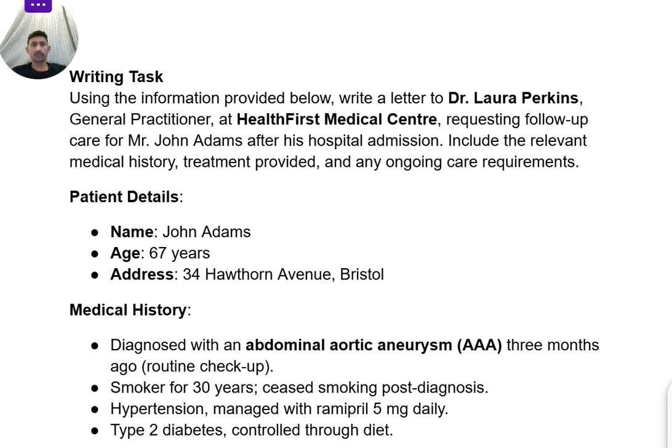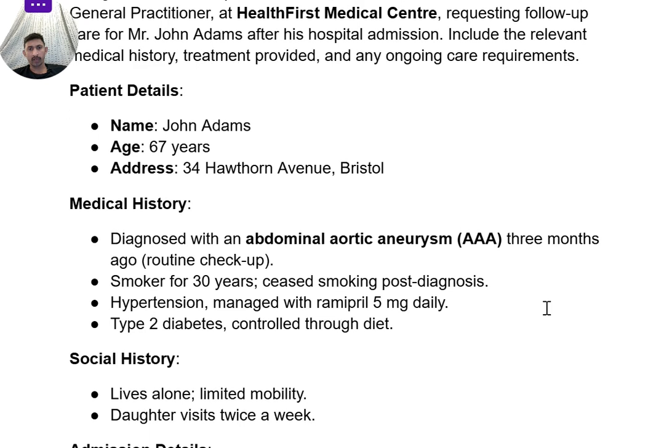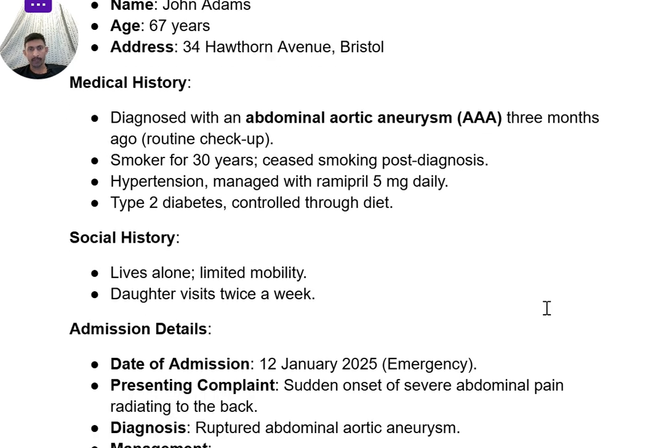First thing, you need an introduction, right? For introductions, we need the actual purpose of the letter, that is requesting follow-up care for Mr. John Adams. The next thing is the presenting diagnosis of the patient and what procedure he underwent.